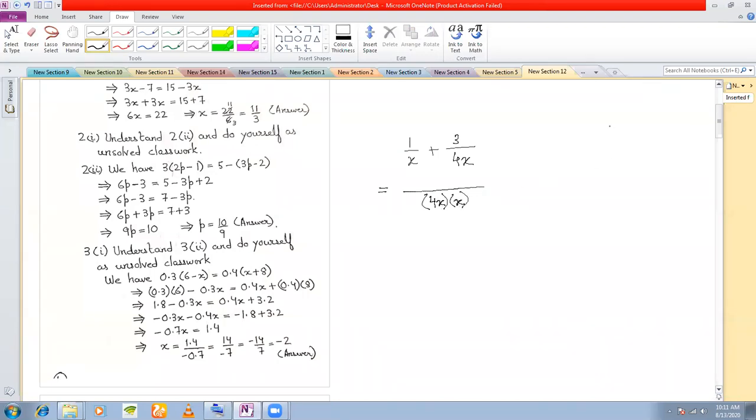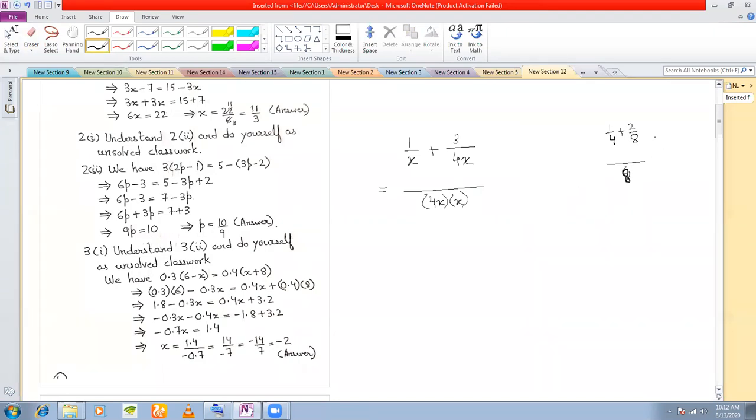Because in case of numbers, when we have half plus 2/3, we know the LCM of 2 and 3 is 6. Or take 4 and 8 in the denominator, then we know the LCM would be 8.